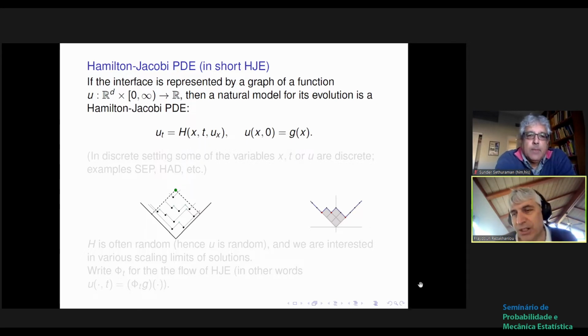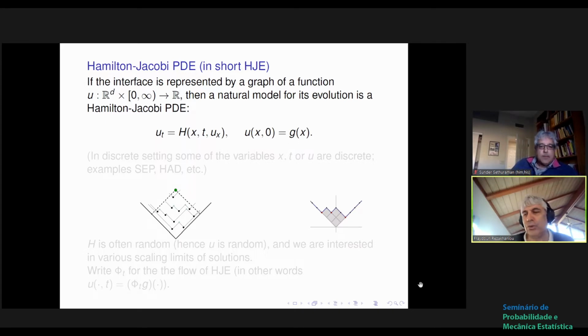So here I'm studying a growth model that is in the continuum, meaning that when you study a Hamilton-Jacobi equation, all the parameters that are involved in this problem are in the continuum. x is in R^d, t is in R, and the height u is in R. Though it's very common to study discrete variants of this model, and this would be more familiar perhaps to many of the audience, and they have worked on various models of the same flavor.